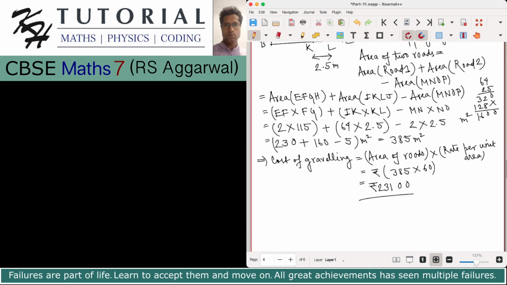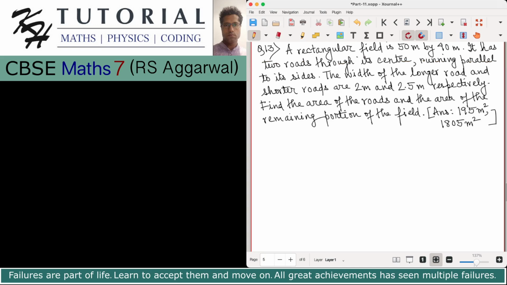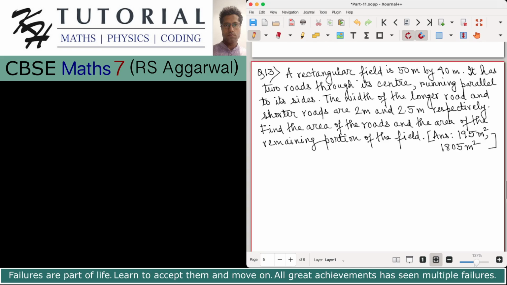Okay, let's do the last problem, that is problem number 13. A rectangular field is 50 meter by 40 meter, that is, the length is 50 meter and the breadth is 40 meter. It has two roads through its center running parallel to its sides. The width of the longer road and shorter road are 2 meter and 2.5 meter.